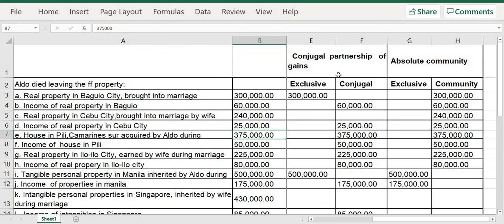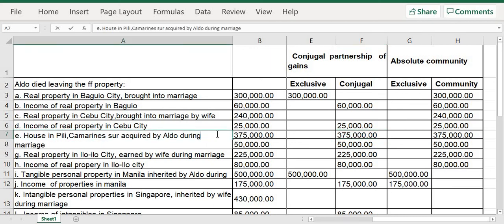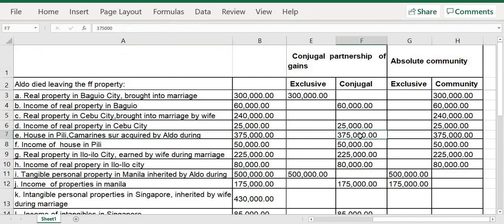So again, under conjugal partnership of gains, as a general rule, lahat ng properties na na-acquire during marriage is part of the conjugal properties, unless part siya ng exemption. In this case, kasi silent yung problem, therefore, yung property na yon, part yon ng conjugal properties nila, kasi acquired during marriage under conjugal partnership of gains.